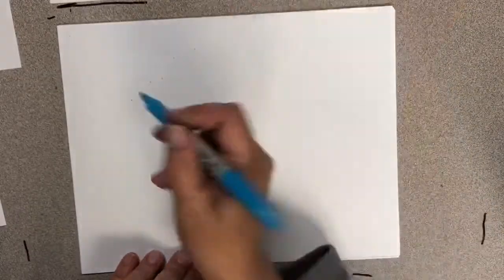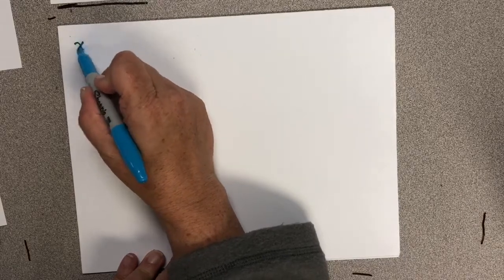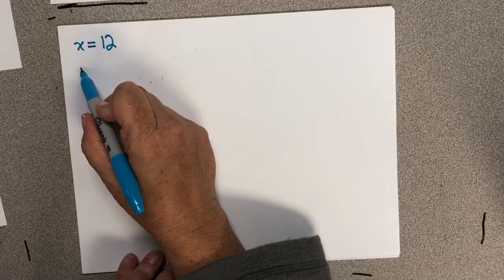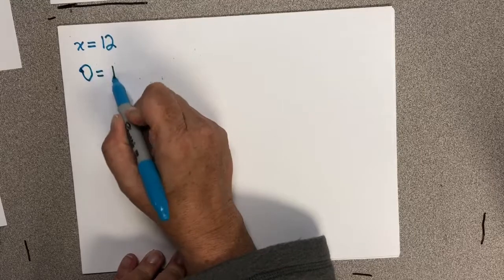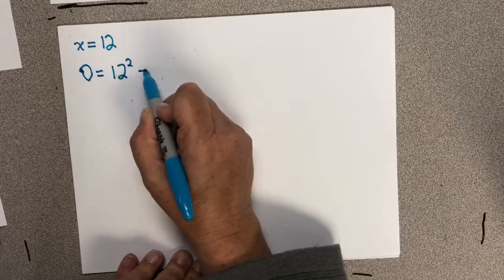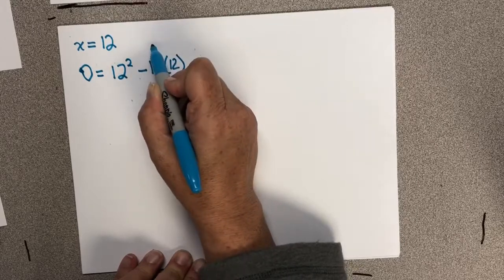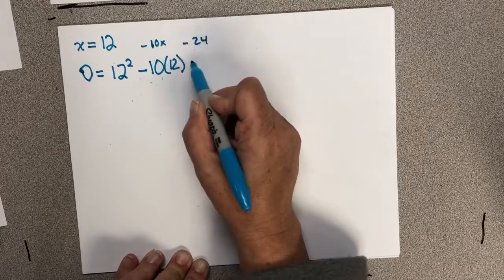So let's check. Is it true that if we do x equals 12, will we get 0? That would be 12 squared minus 10 times 12, because that was 10x, and then minus 24.